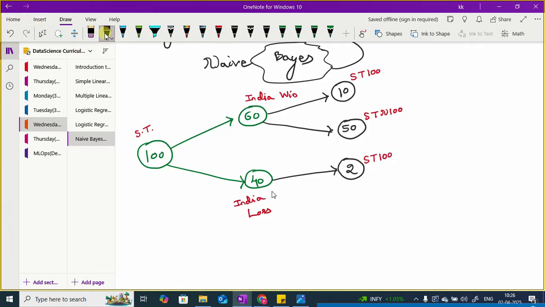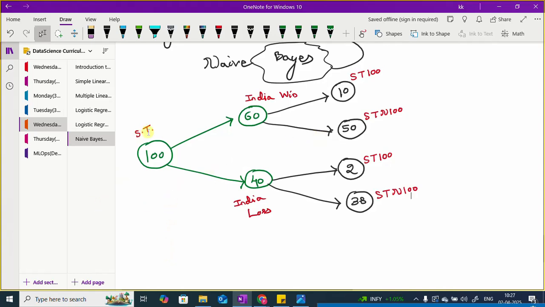The remaining 40 minus 2 is nothing but 38 matches where India lose and Sachin Tendulkar does not make a century. Clear, guys? This is what it is telling in those two different problem statements, written in 4 different lines, that I am framing in a beautiful diagram so that by seeing this, a person can happily understand.